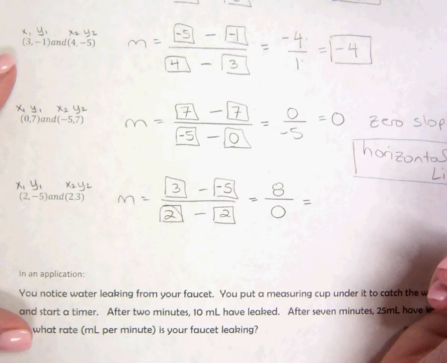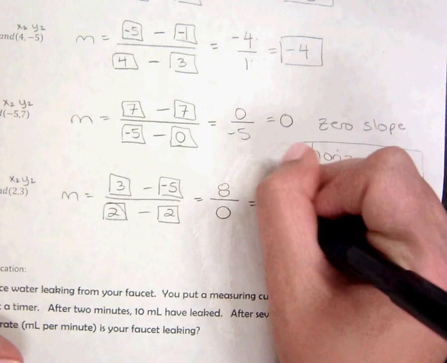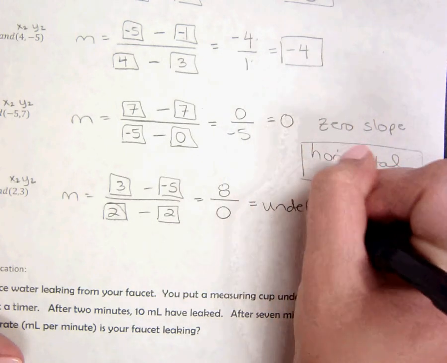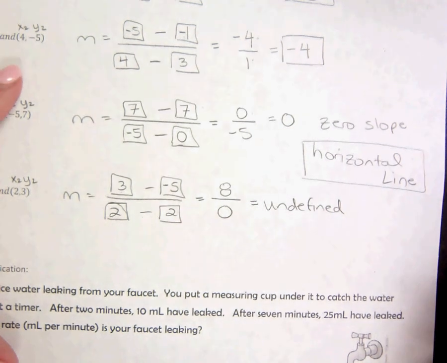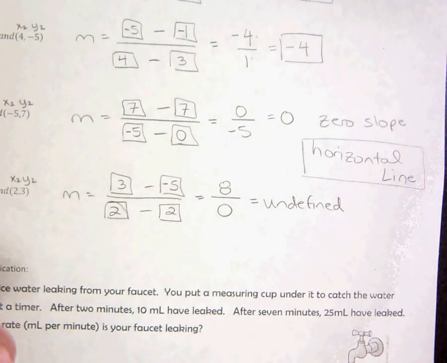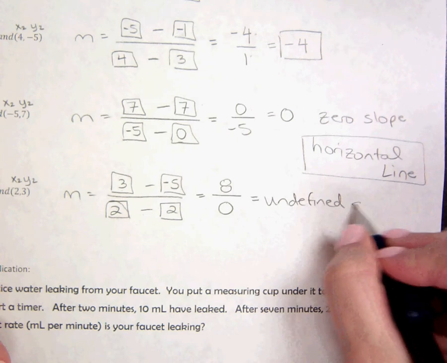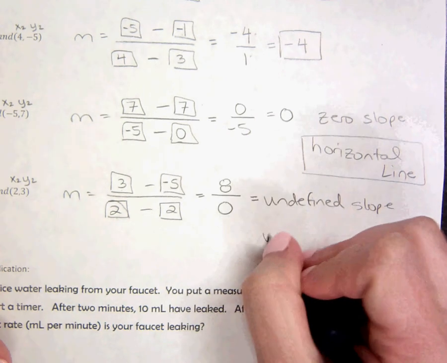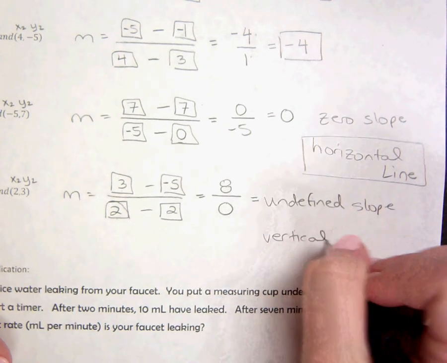Anytime you try to divide by 0, you're going to get an undefined answer. In algebra, you cannot divide by 0. In calculus, you can, but that's way down the road from here. So an undefined slope, remember, is a vertical line.